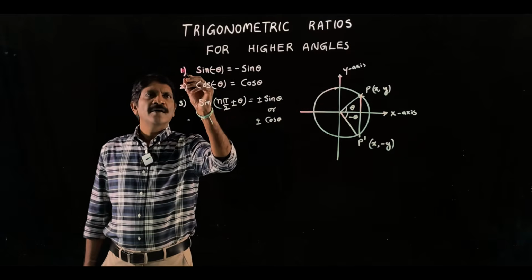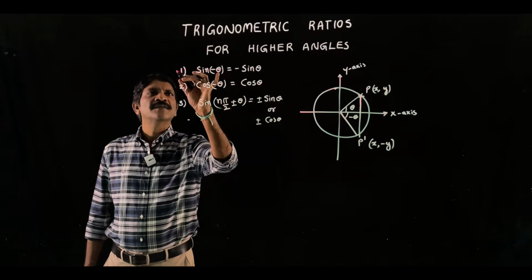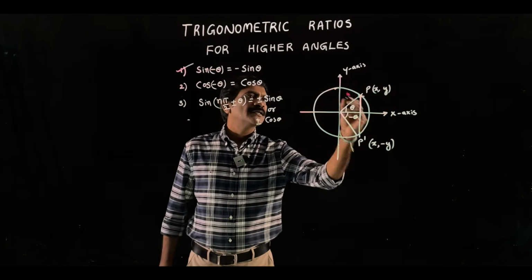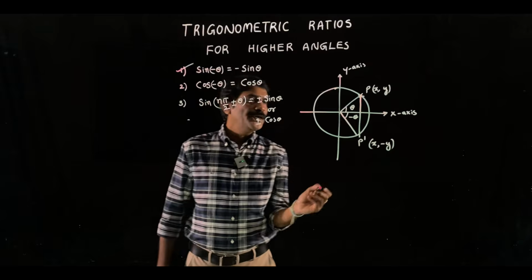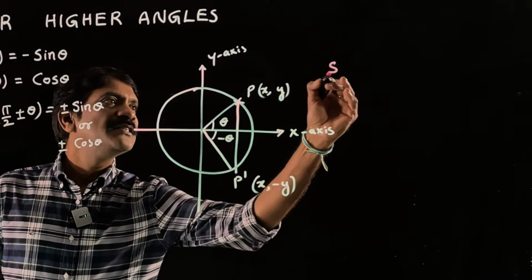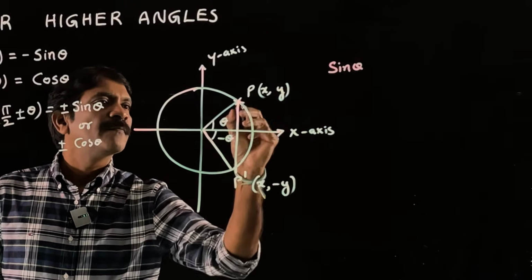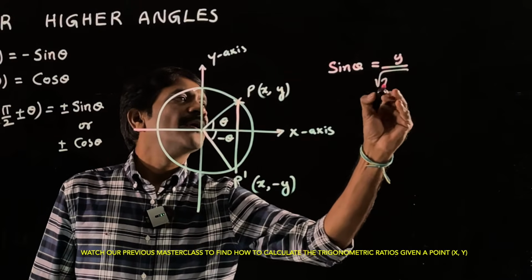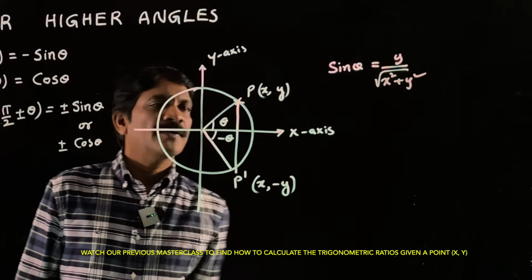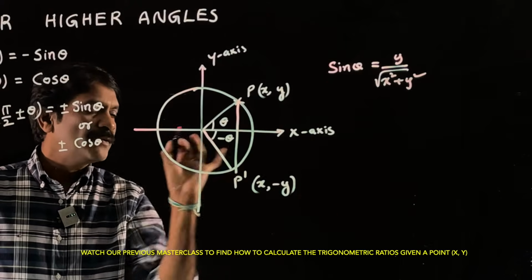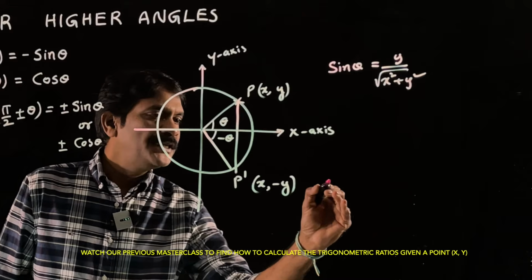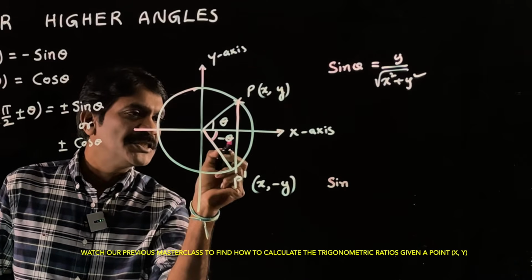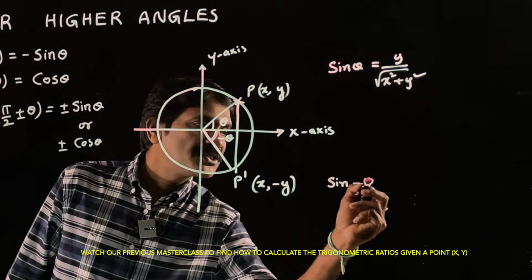Let us understand how sine of minus theta is minus sine theta. To understand this, let us look at this diagram. We already know that sine theta for this diagram is y by under root x square plus y square. For this point, in place of theta we have minus theta, so here you need to put minus theta.